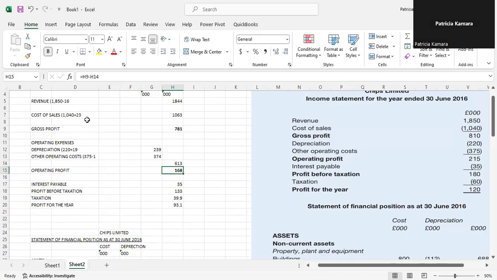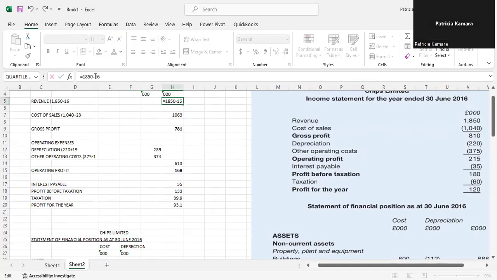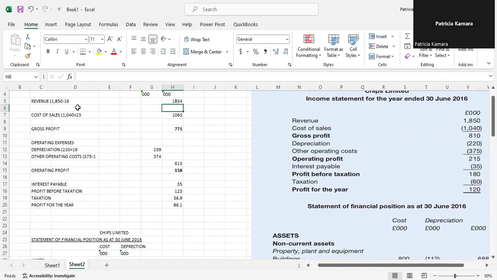Let's check this out. Okay, so let's see this. 1850 minus 16. Sorry, it was a typo that I actually made. So minus 16. So this now is 771.